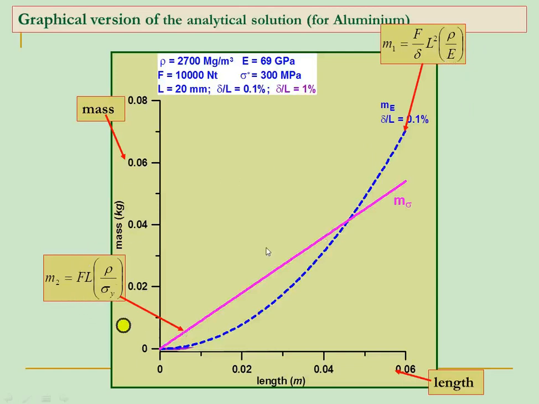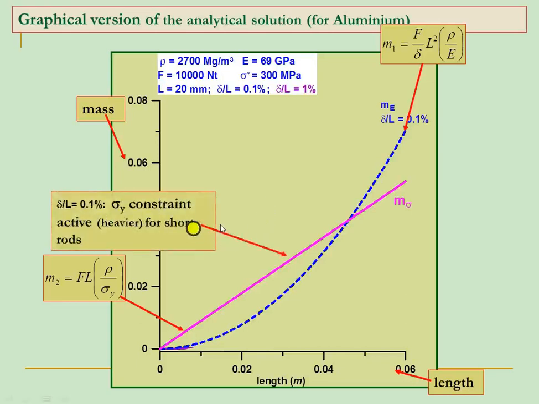Okay, so can you tell me now which constraint is more active? We can very easily observe that. Keep in mind that of the pair, the constraint which was giving the larger mass was the active or the more restrictive constraint. And we observe here that for delta upon L as 0.1%, the sigma y constraint, the strength constraint, is active for a particular range. Let's say for short rods where the length is less.